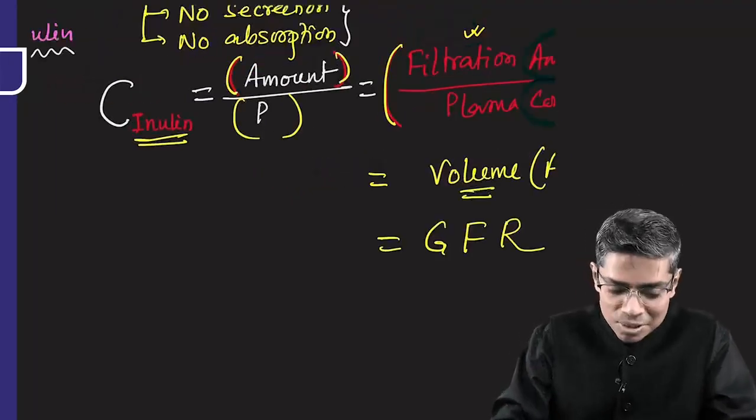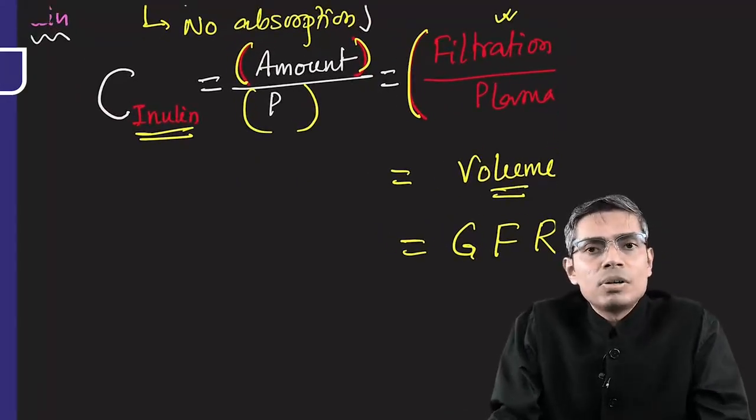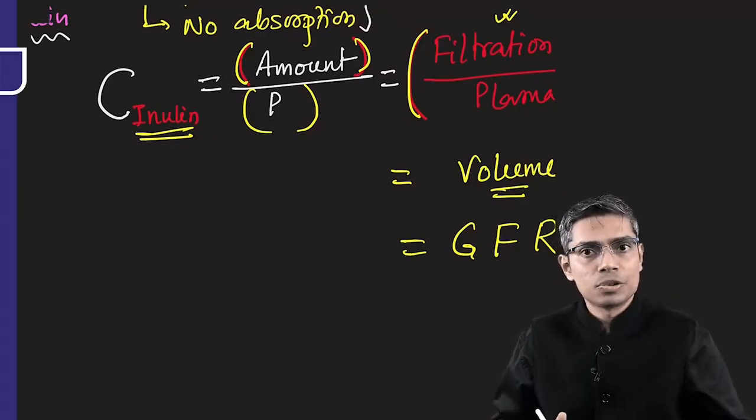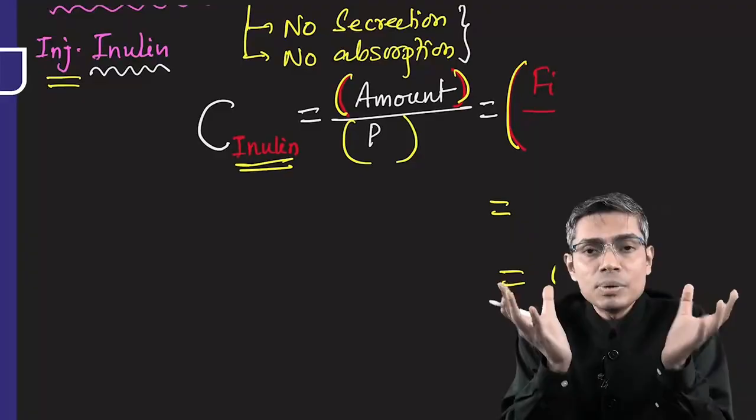That's why, if I ask you what is the clearance of inulin, you will say the clearance of inulin is 125 ml per minute. What is that? It's a volume. What volume? The volume which is getting filtered, the volume from where the inulin is reaching the level of urine. So you are giving an injection of inulin and then you are measuring the urine.